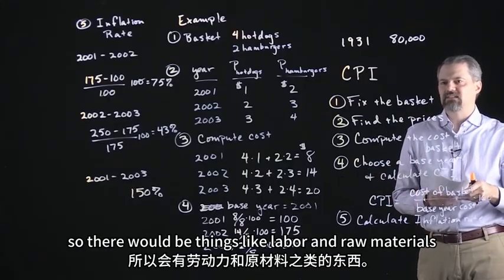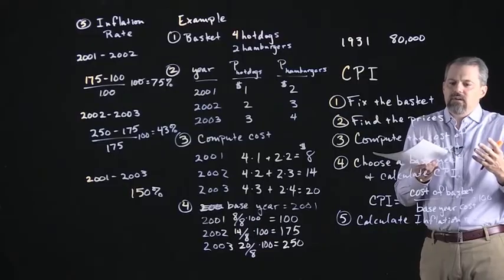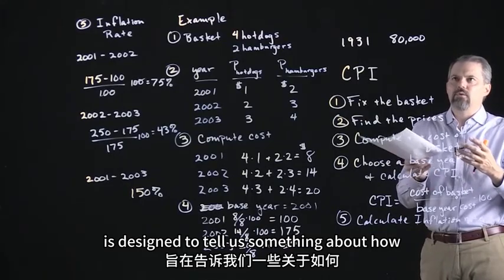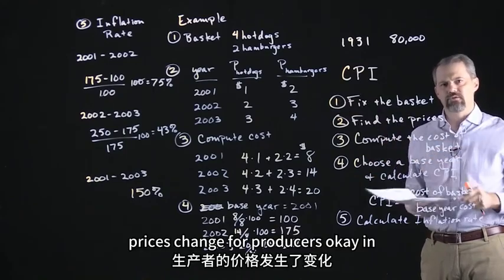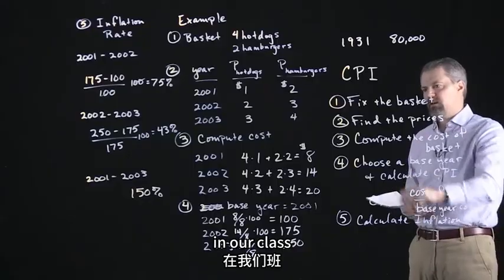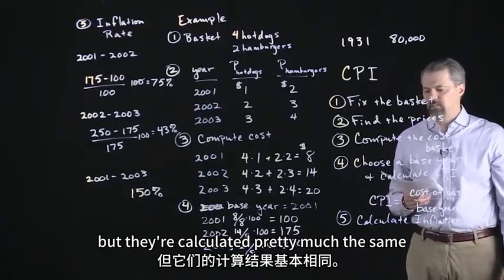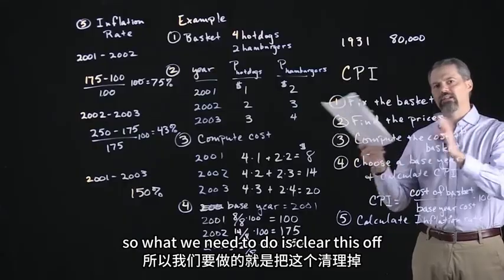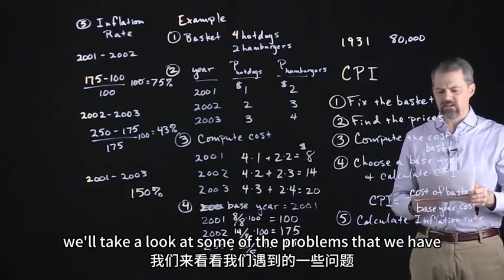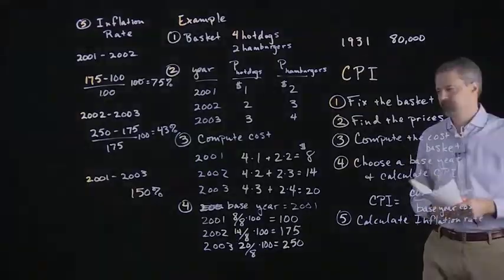So there would be things like labor and raw materials, and it is designed to tell us something about how prices change for producers. Okay? In our class, we're going to be focused on the consumer price index, but they're calculated pretty much the same. So what we need to do is clear this off, and then we'll take a look at some of the problems that we have with the CPI.